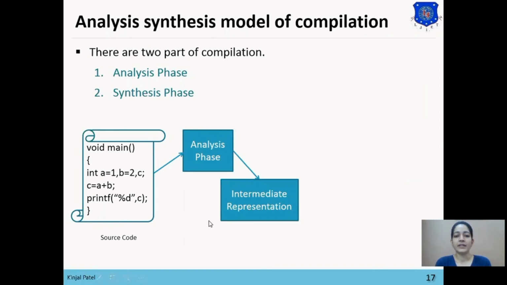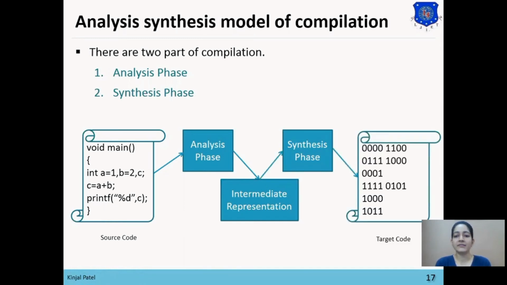The intermediate representation can be in any form like three address code, Polish notation, postfix notation, or abstract syntax tree. It can be in any form, and then that code will be passed to the synthesis phase, and then the synthesis phase will generate the machine code.